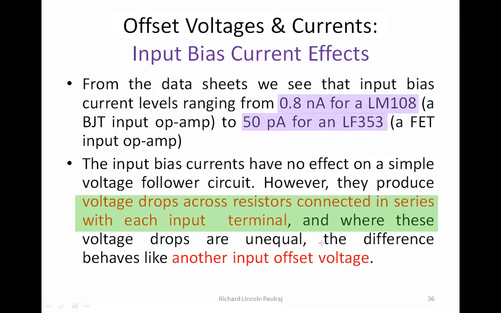If the voltage drops are unequal, the difference behaves like another input offset voltage. So now we have another problem. Not only do we have current drops, but if these resistances are different, the flow of electrons is also going to get affected, which means the drop across these resistances will also change. Do you all agree with this?